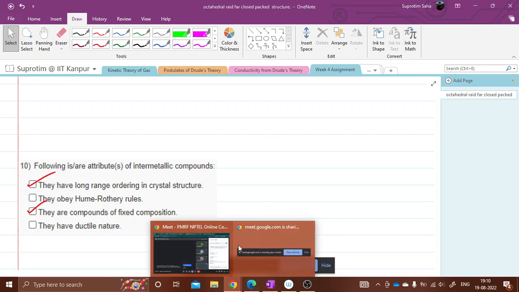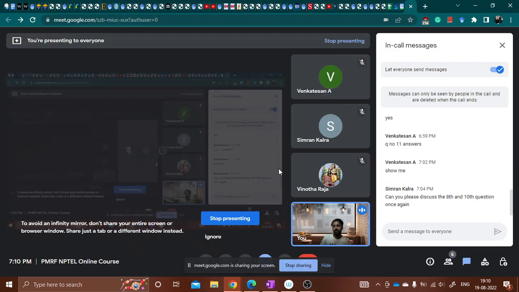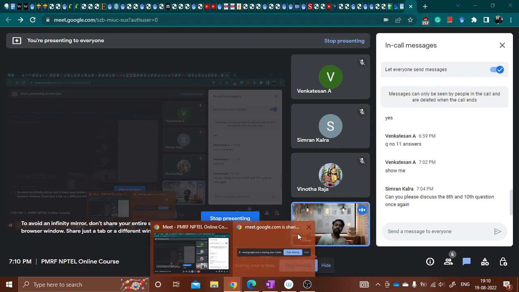They have to have comparable valences, comparable electronegativity, and similar structure. But for interstitial compounds or intermetallic compounds, they do not necessarily have to have the same structure.